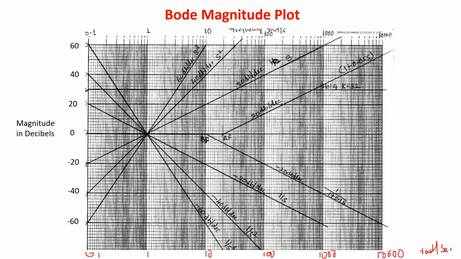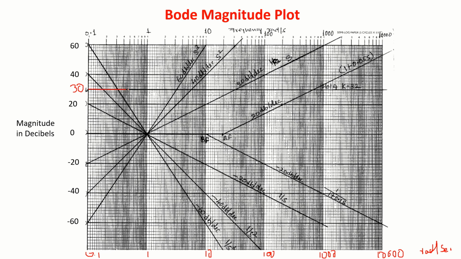Here we'll mark 0 decibel, plus 20, 40, 60. Same as minus 20, minus 40, minus 60, like this. So 20 log K, the magnitude is 30 decibels. 30 decibels, mark here.